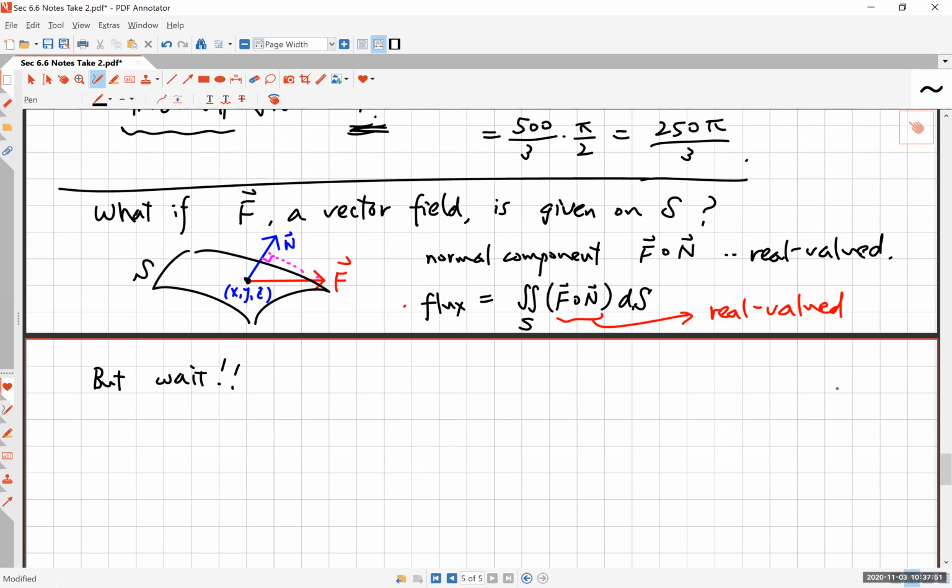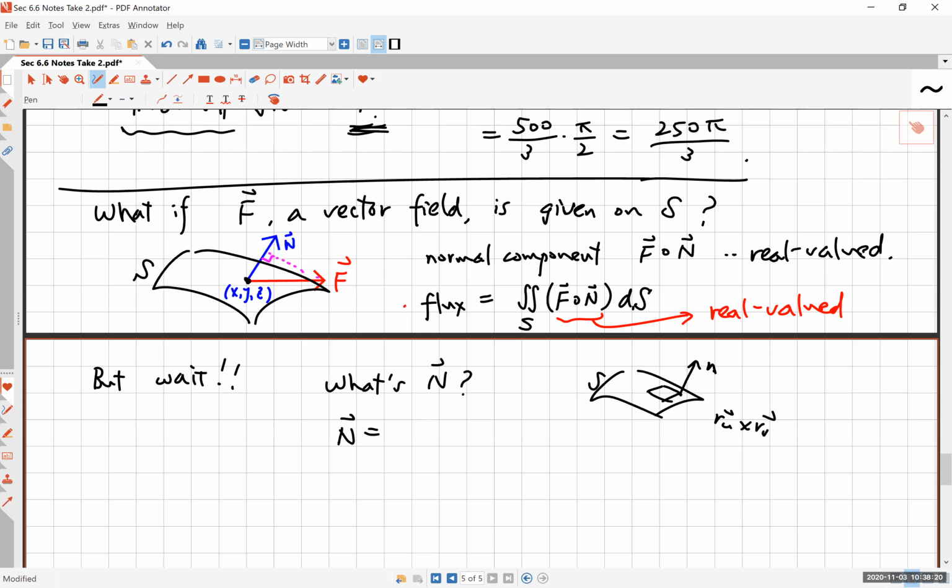So the question is, remember what n was? How did you find n? Well, you have the surface S, and if you try to find the plane tangent to this surface S, that was RU cross RV, and that will give you something perpendicular.